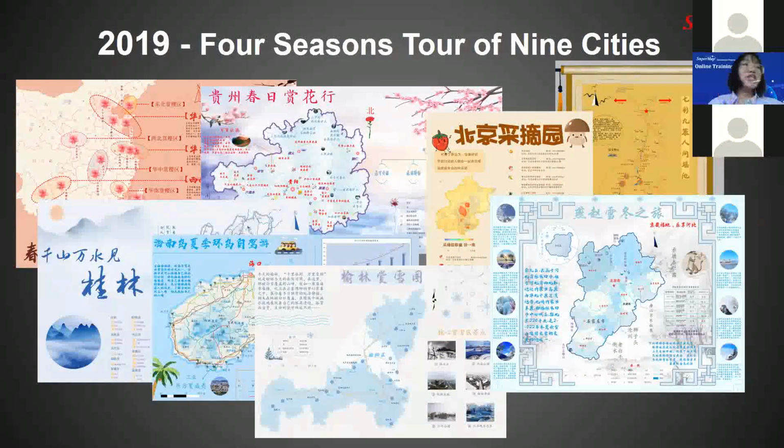So in each season, it is divided into districts, provinces, and different cities from the spatial level. Although there is a lot of content, it is close to one theme.